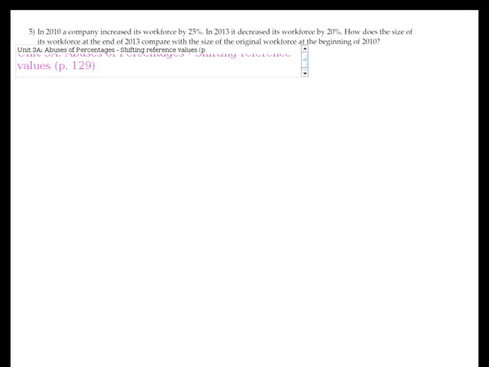Okay, so to start, we can evaluate this problem by assigning an arbitrary number for the original workforce. So let's use 100 as the original workforce.